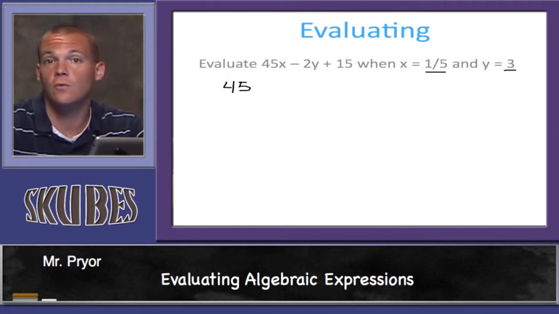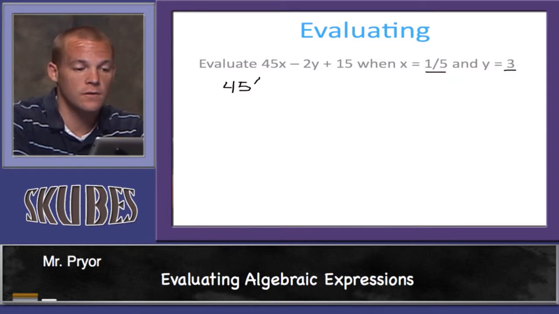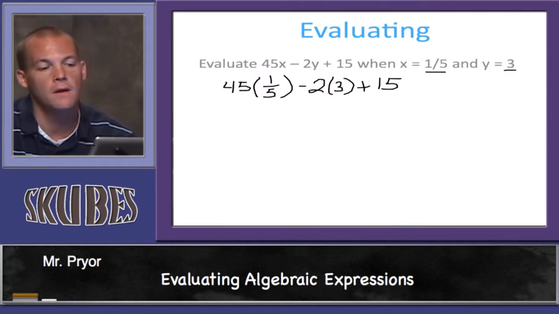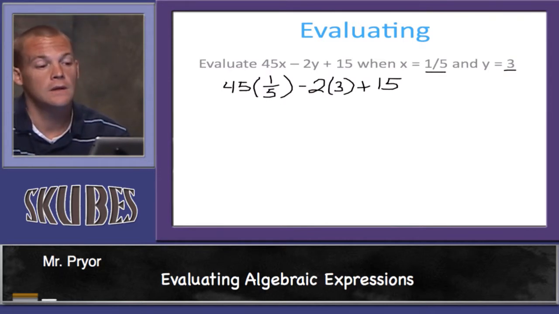So when I substitute 1/5, I'm going to do so with parentheses. All right. Then minus 2y, 2 times y. So that's going to be 2 times (3). Put the 3 in parentheses. All right. So now you can clearly see what has been placed into the problem from what they asked us to do. And now we've got to do a little bit of fraction math.